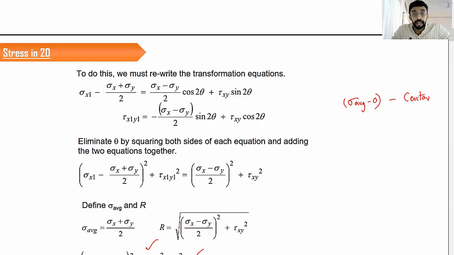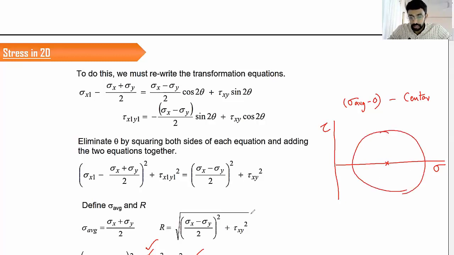Definitely, we need an axis system. So the second axis is going to be tau. This represents the x-axis and this represents the y-axis, and sigma average will be somewhere here, and this is the center. We are going to draw a circle with the radius equal to r. This radius is going to be capital R. This is the Mohr circle. So two things we can conclude from here.